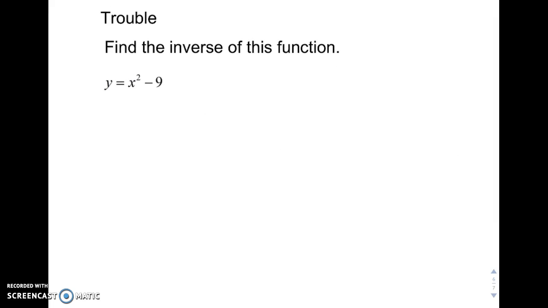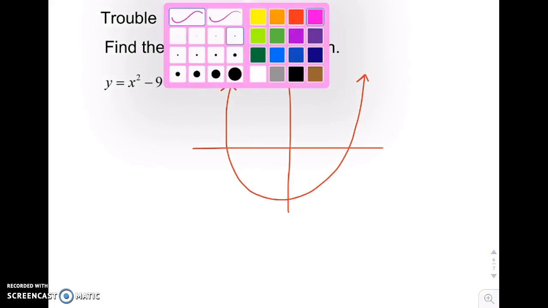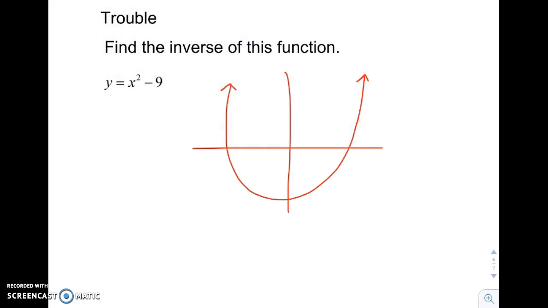There is a little bit of trouble with some functions. We'll talk more about this a little bit later, but this function looks like this. It's a parabola shifted down 9. And the problem with this is that if, let's say, you input 3, you get out, plugging in, 3 squared is 9, 9 minus 9 is 0.